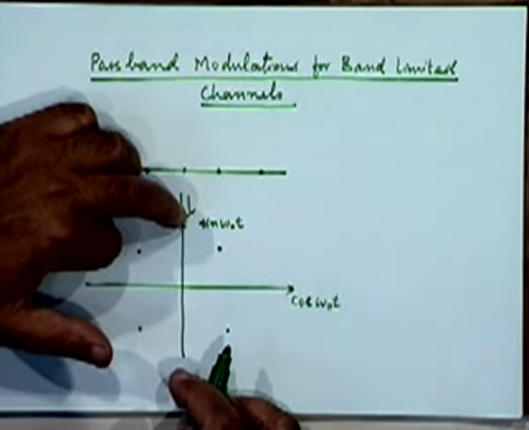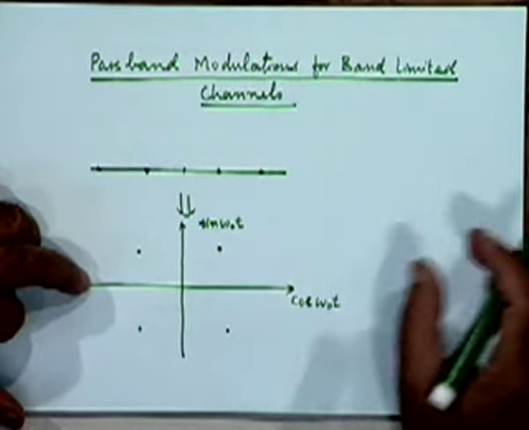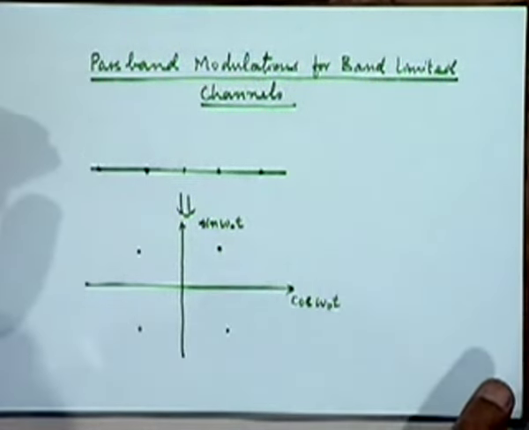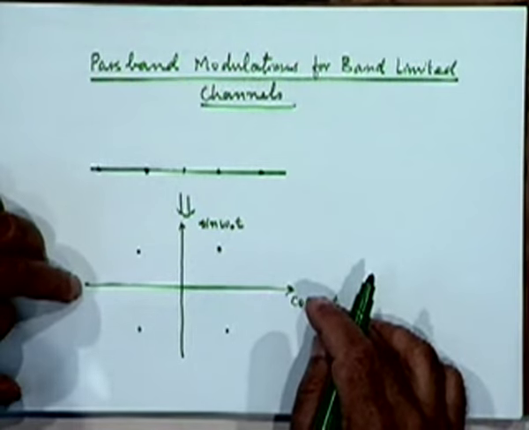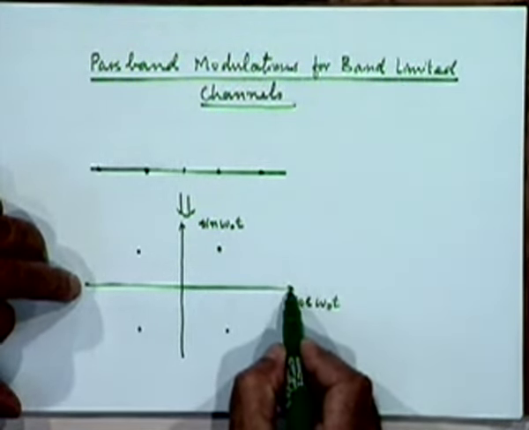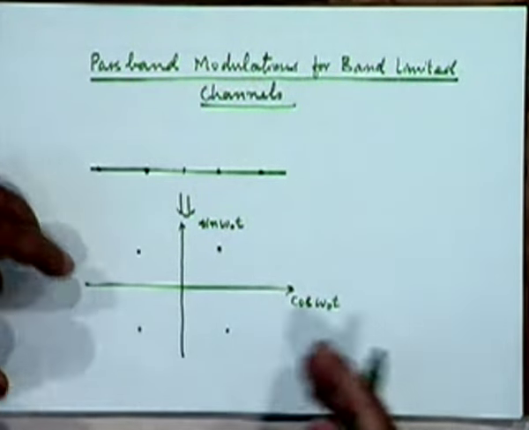The odd data bits may be modulating this carrier and the even data bits may be modulating this carrier, right, or we are taking a block of 2 bits and one of them is modulating this and the other is modulating this. I mean, this is a very crude way of looking at it, but this is one way of looking at it. Alright.